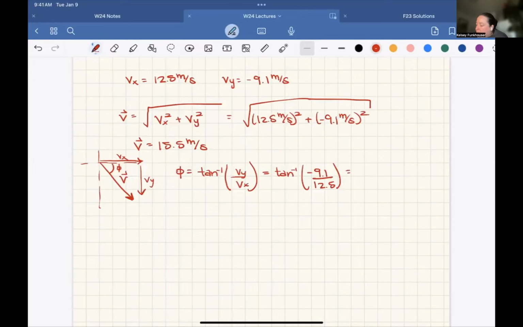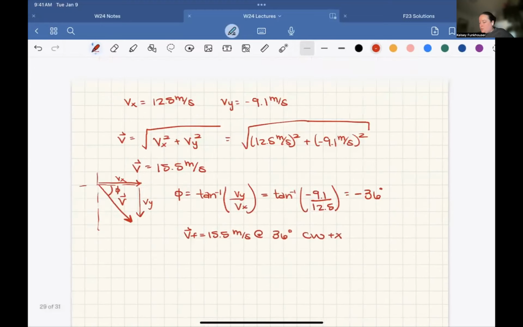If we plug in negative 9.1, we get negative 36 degrees. But V final is 15.5 meters per second at 36 degrees clockwise from the positive x direction.